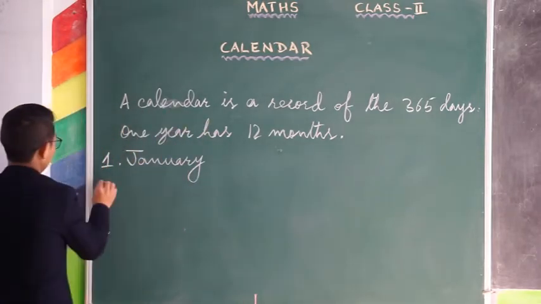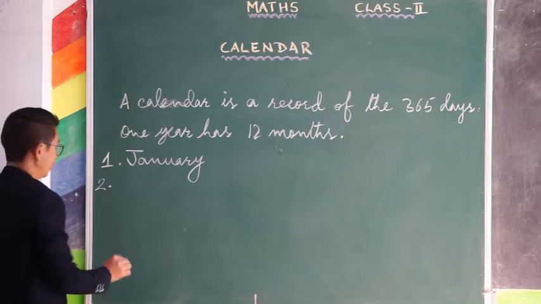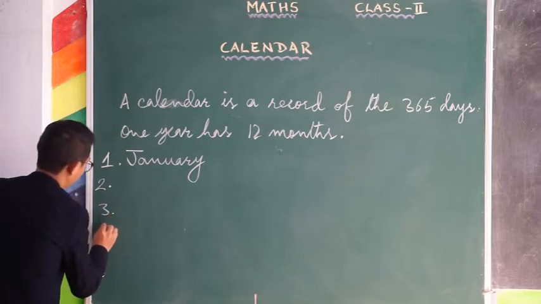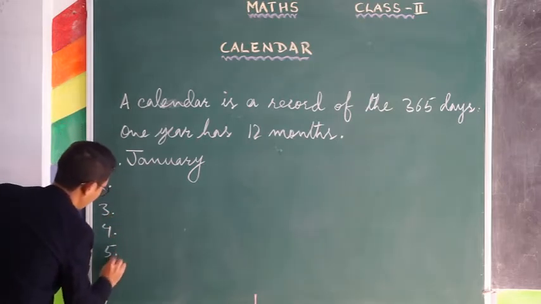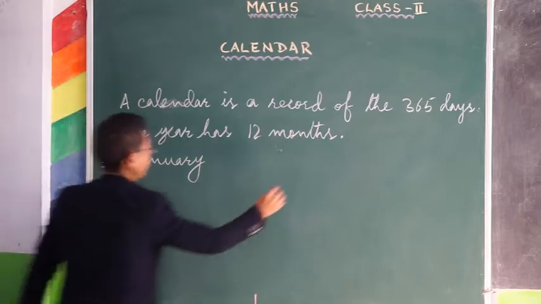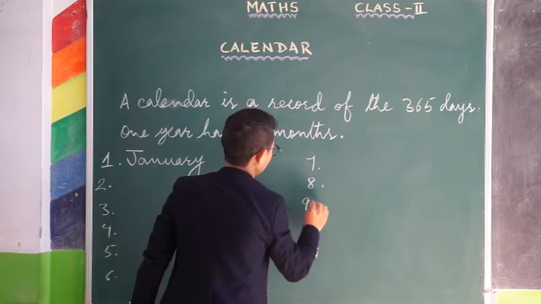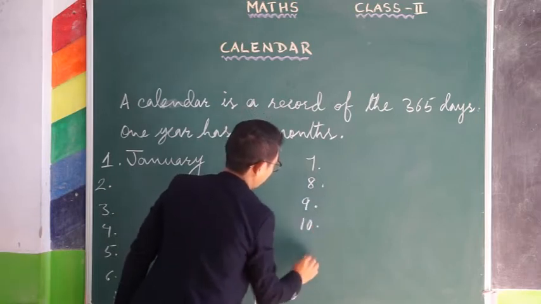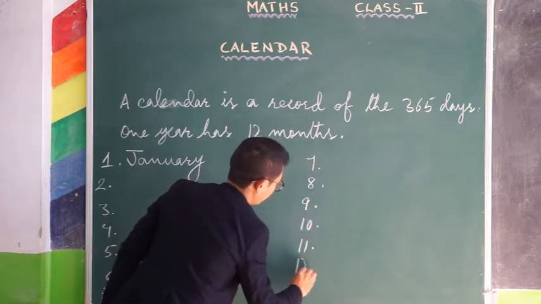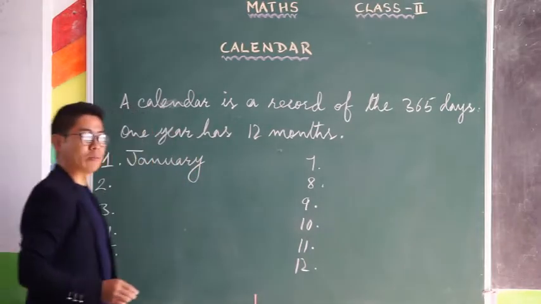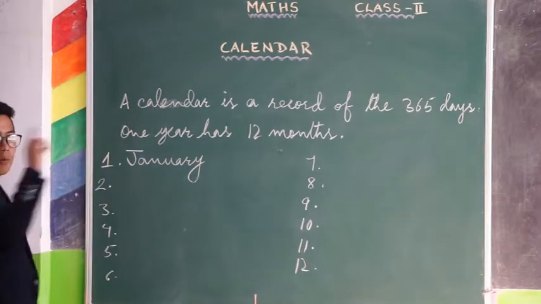Then how many months are there? There are altogether 4, 5, 6. Alright, this side 7, 8, 9, 10, 11, and 12. There are 12 months altogether in 1 year.